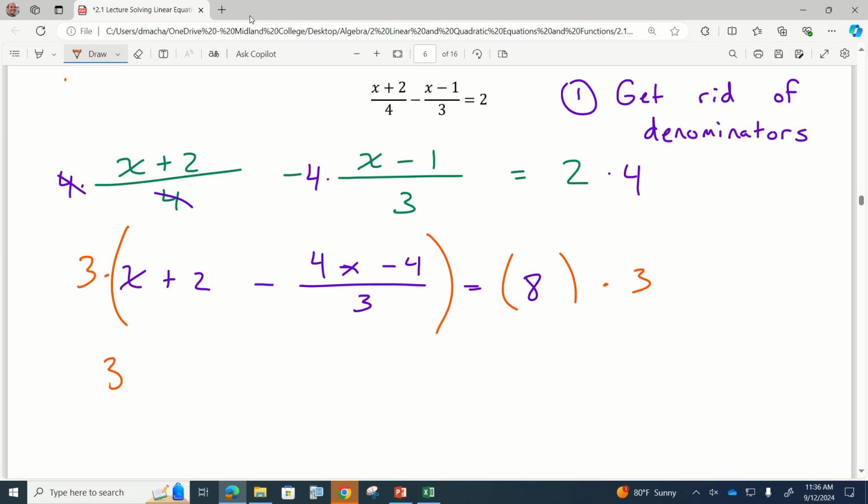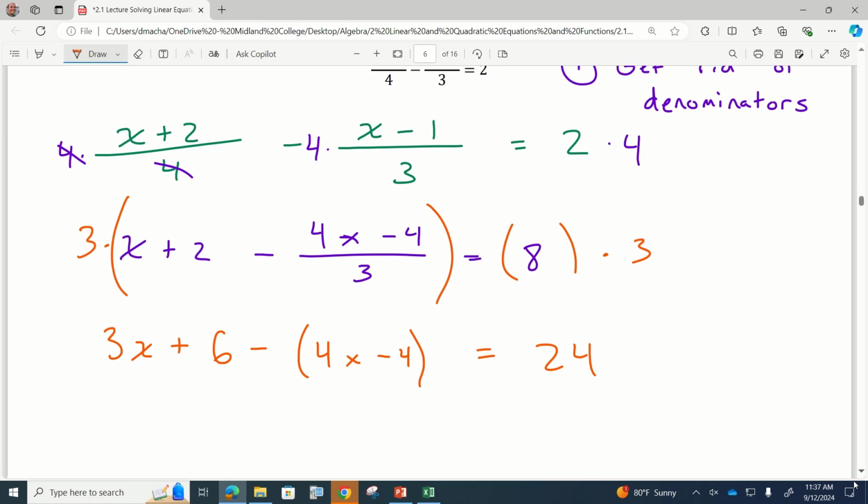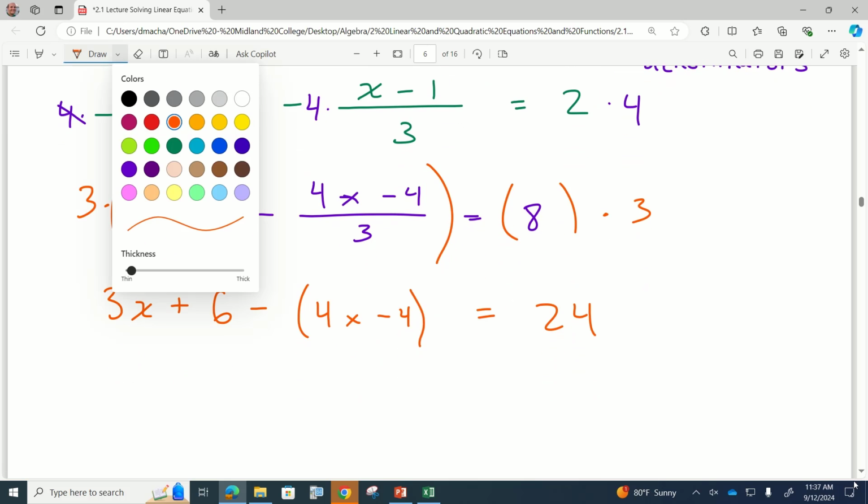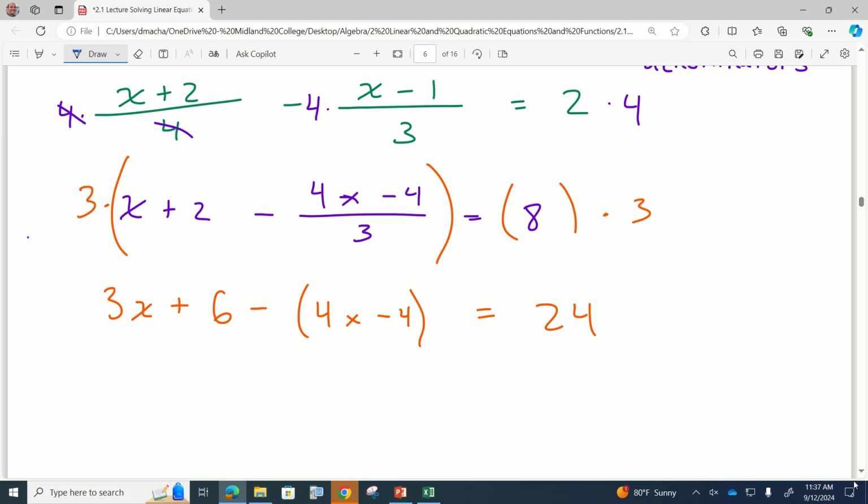So that means 3 times (x plus 2) times 3. And when I multiply this term by 3, the 3 cancels the 3 in the denominator. And then 8 times 3 is 24. I was careful to use parentheses because I still have to distribute the minus sign into the parentheses.